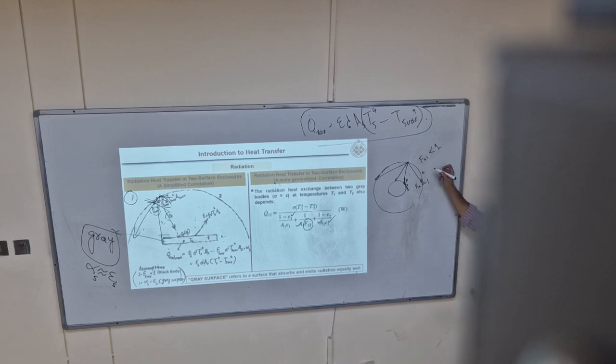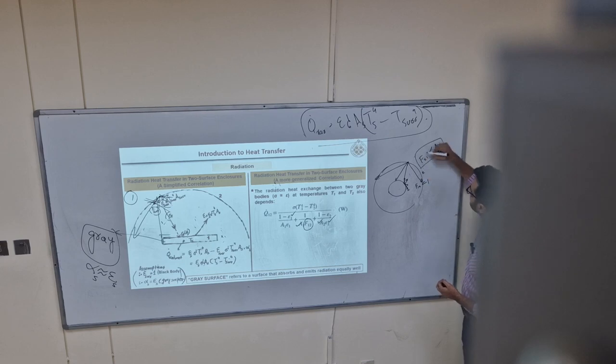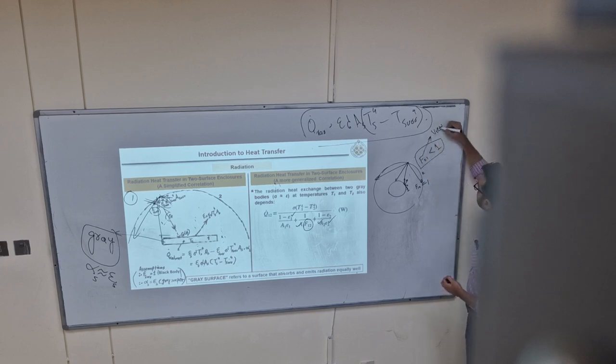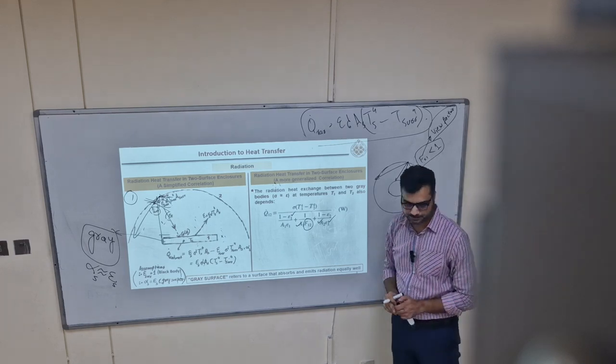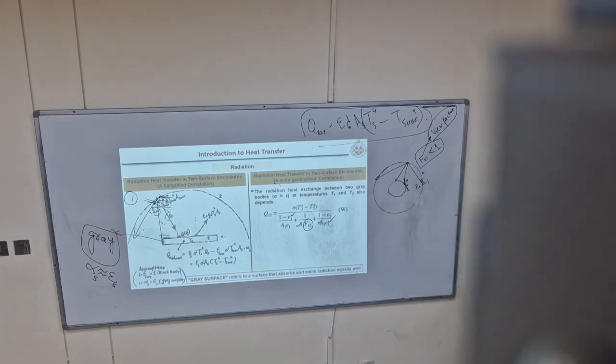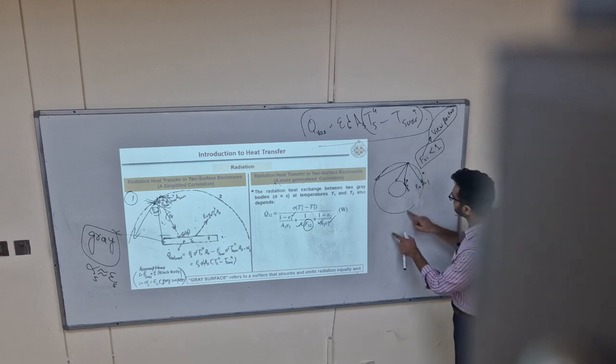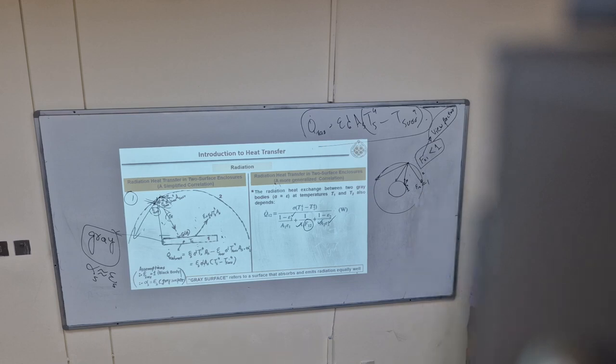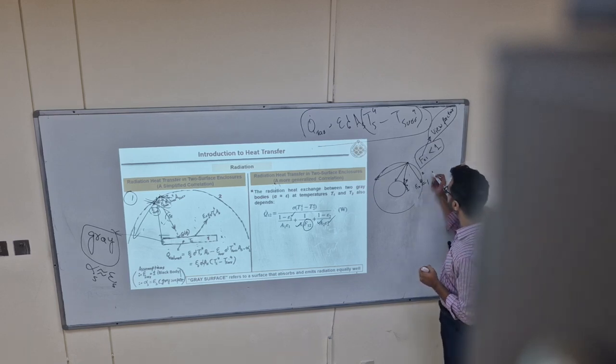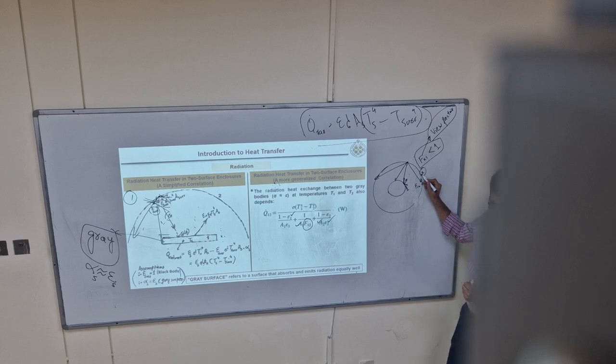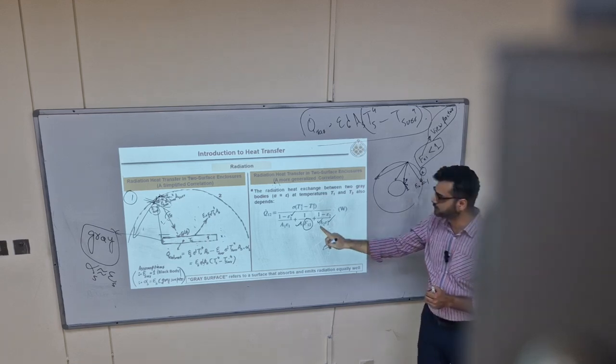How much less? There is a complete topic of view factor in the radiation chapter. Sir, but why is it important? Because if we are interested in this surface also, and this is our surface of concern, then I need to know F2 to 1.